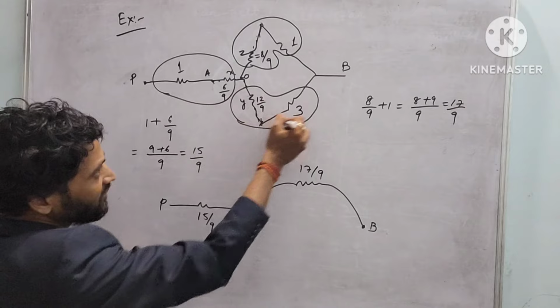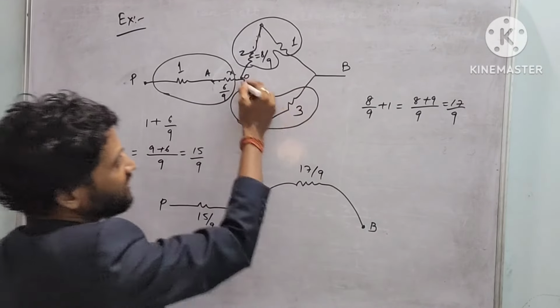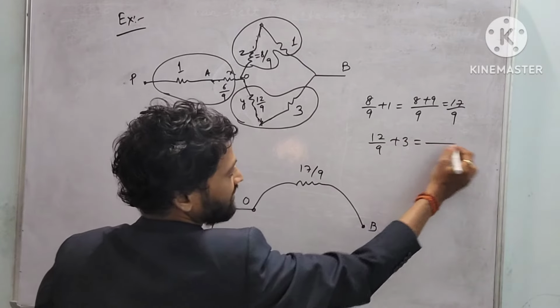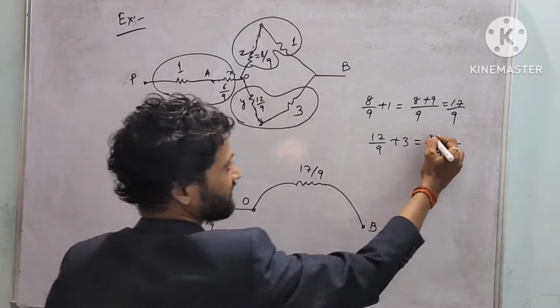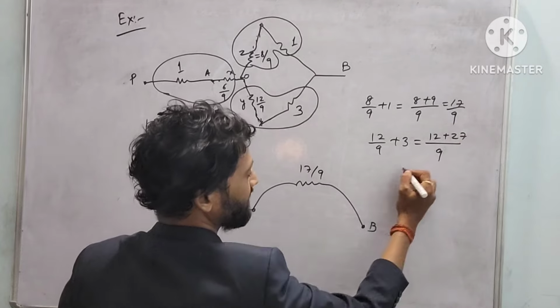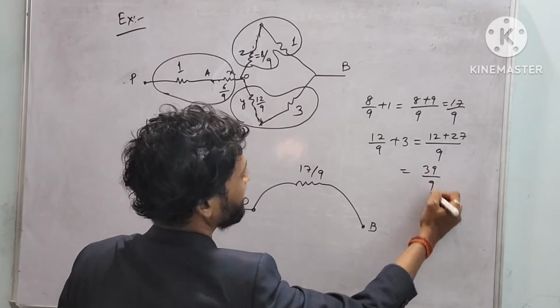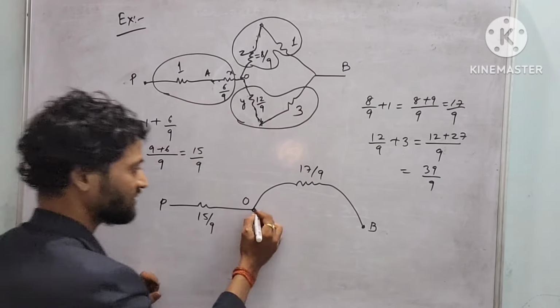Again from O to B on the lower side, both are in series, so 12 by 9 plus 3. It will be 27, 12 is 39, so 39 upon 9. Is it clear?